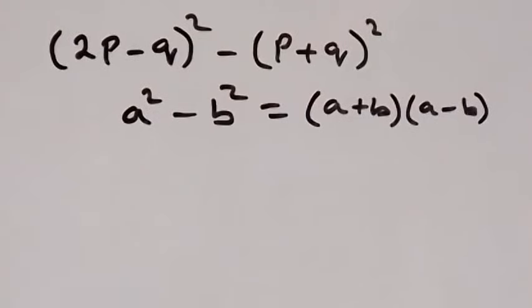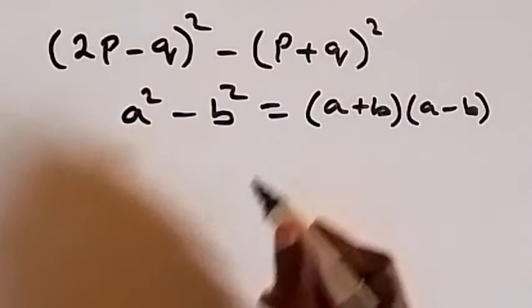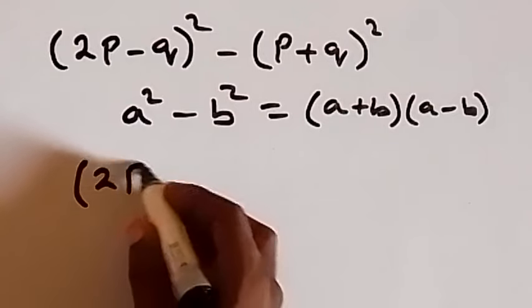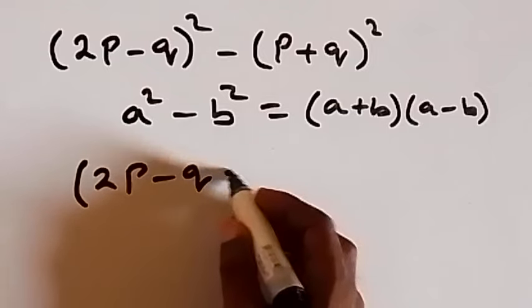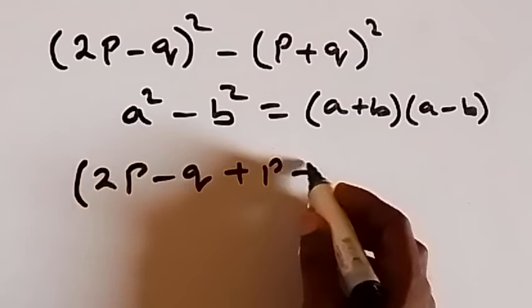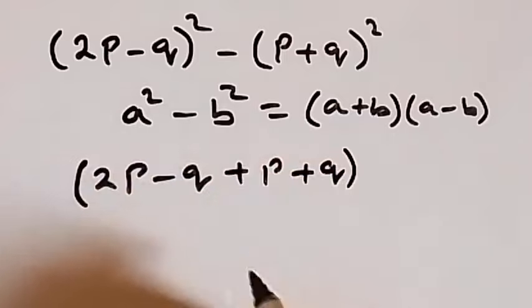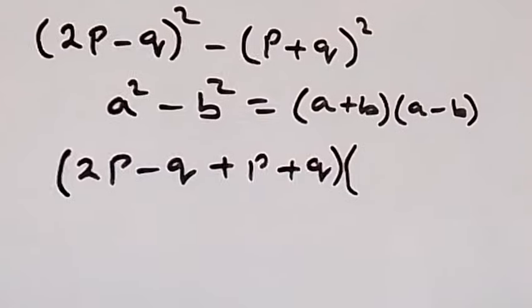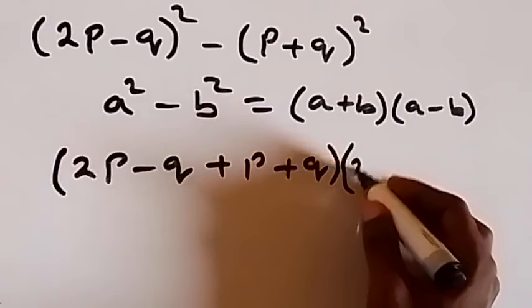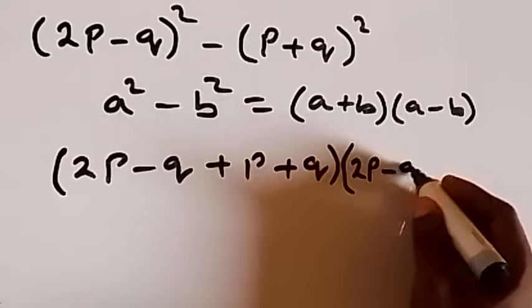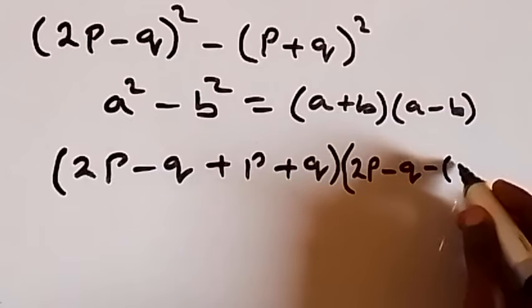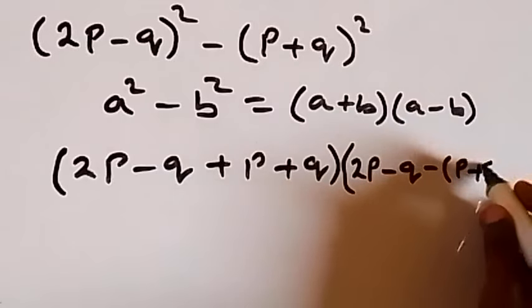From here, this will become (2p minus q plus p plus q), that's the sum. Then the difference, that's (2p minus q minus (p plus q)).